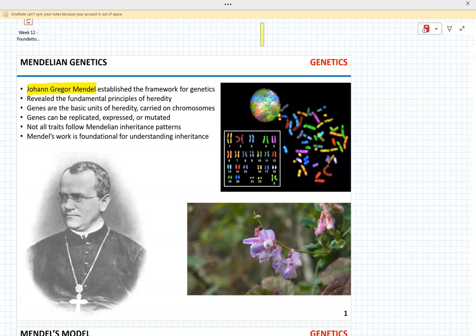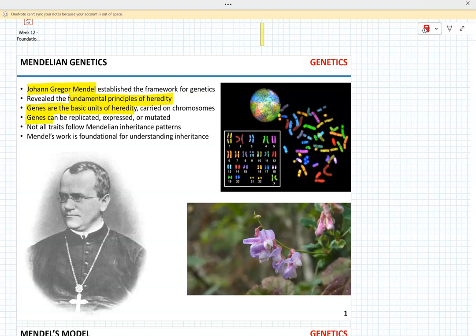He essentially discovered the fundamental principles of heredity without knowing about the concept of genes yet. Although he hypothesized that there are genes that serve as the basic units of heredity. Genes are carried on chromosomes that came later.